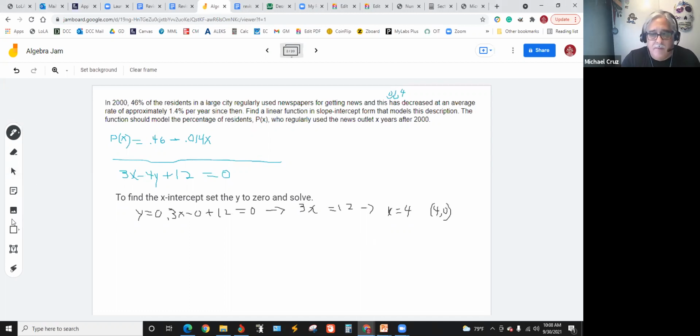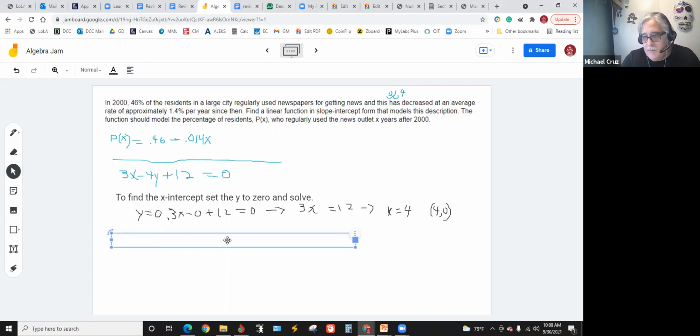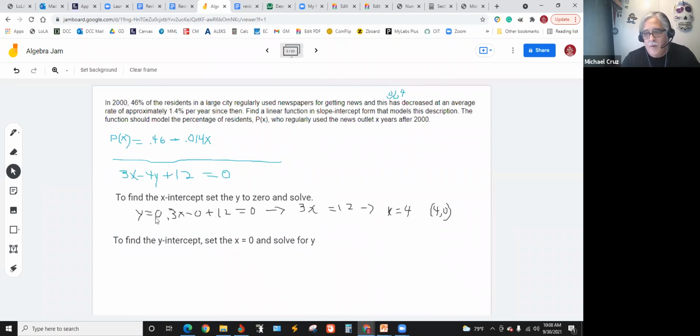All right, so to do the other one, we do the opposite. So x is equal to 0 now.